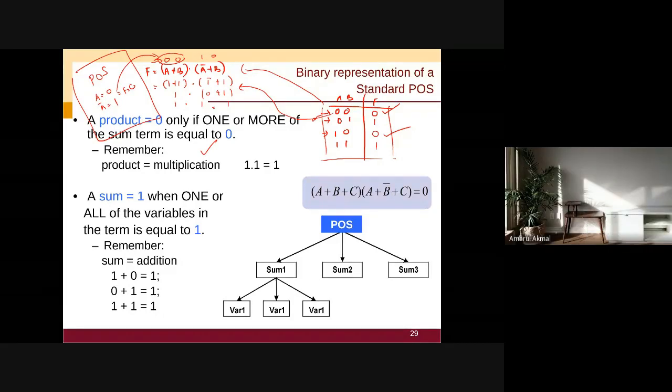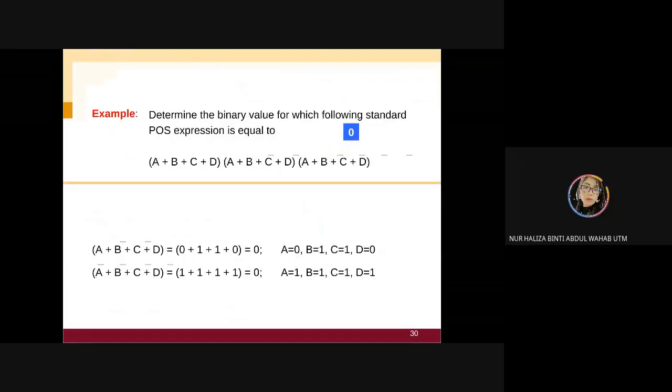Okay, thank you. Now, you can see from this, you are given the POS. If it is standard, you can directly apply it. If the condition is 0, 0, 0, 0, your output will be 0. If it is 0, 0, 1, 0, your output will be 0.